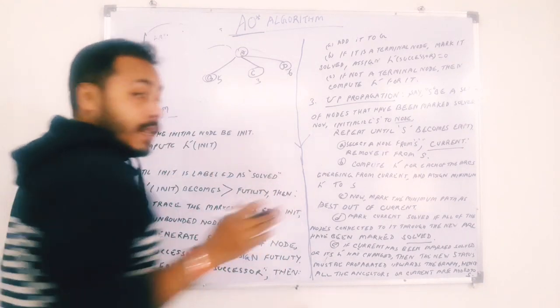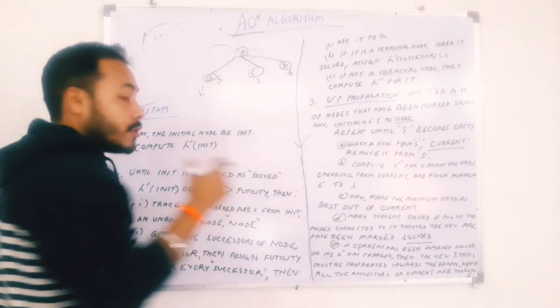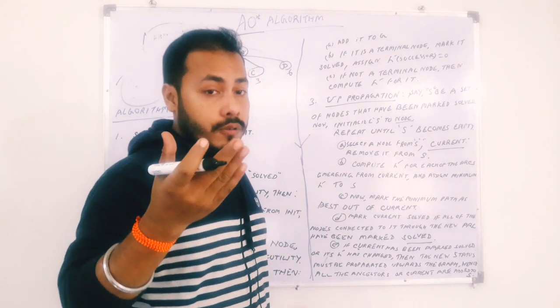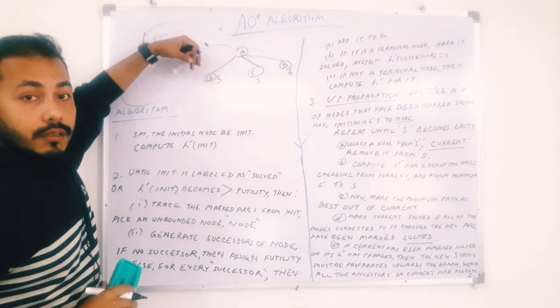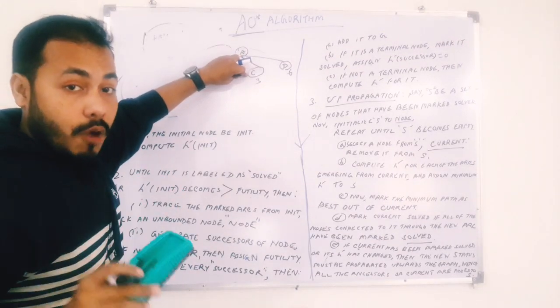So at the initial state, these h values mean the cost to reach the goal node. At the initial state, you have seen that C has the least cost involved.